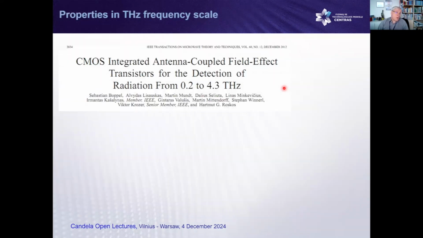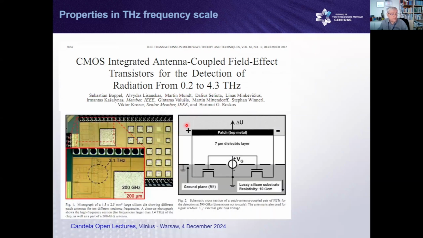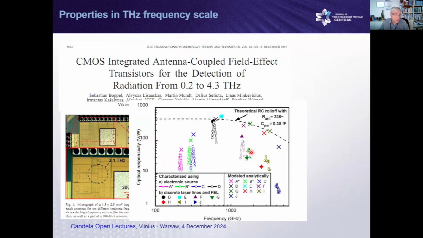Now, how far can we go with frequencies? That is our common work as well. The Vilnius and Frankfurt groups developed a colored array for terahertz, and each piece of this records a different color. It means we can go to spectroscopic imaging. A unique experiment done in Dresden, in Frankfurt and Vilnius.